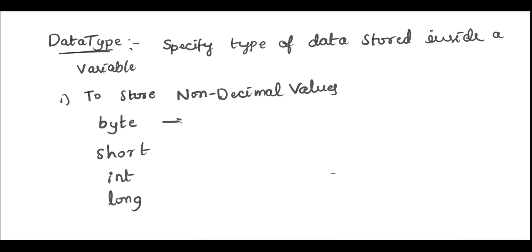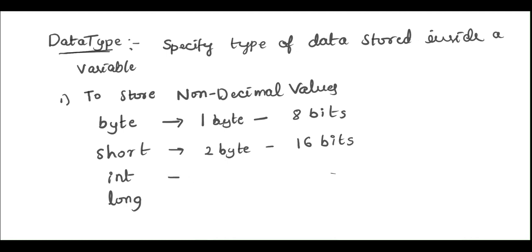The size of the byte data type is 1 byte. It's nothing but 8 bits. And the size of the short data type is 2 bytes, 16 bits.